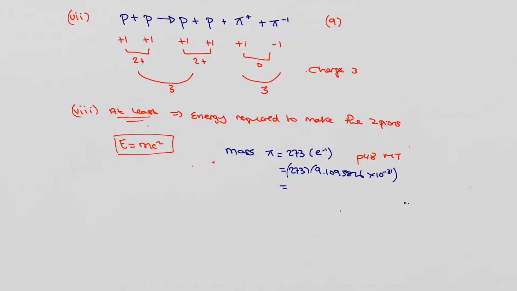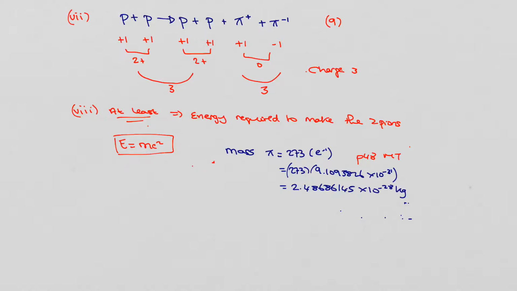So again, we use every number on our maths tables if we're not given the values at the end of the question. So what is the mass of the pions then? If we multiply those out, that is 2.48686145 by 10 to the power of minus 28, and that's kilograms.